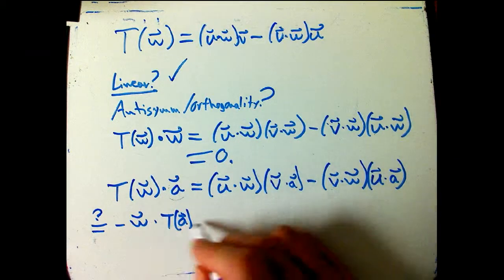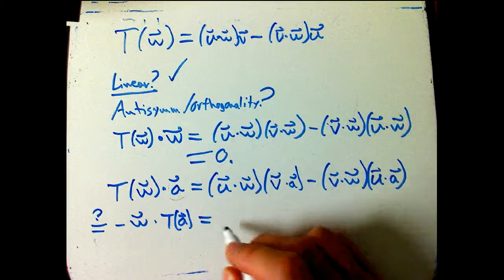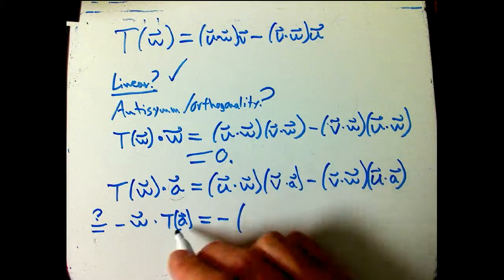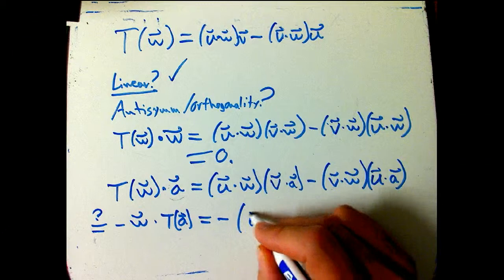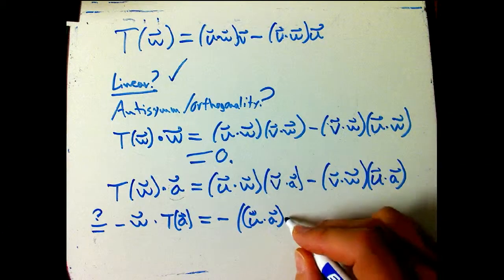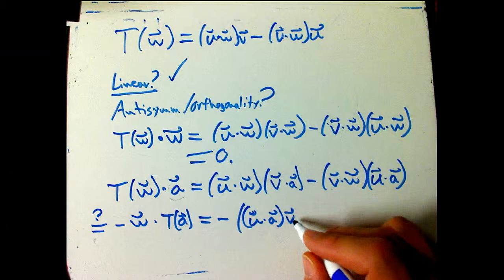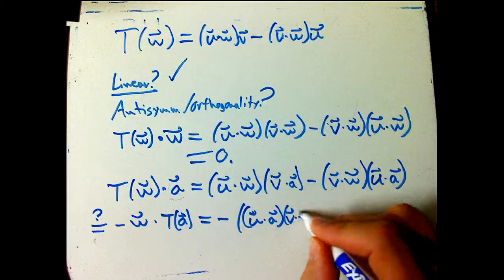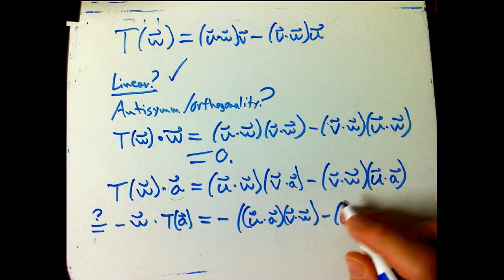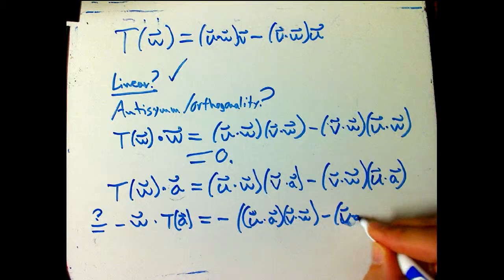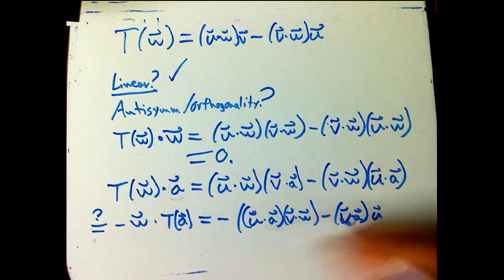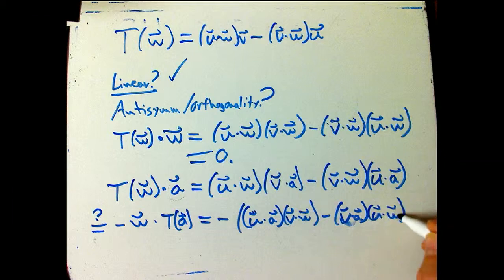Well, if you write it out, that's minus, and so we get T of A is U dot A times V, and then that's going to be dot W, and then V dot A, just plugging in A in here instead of W, U, and then dot W. There we go.